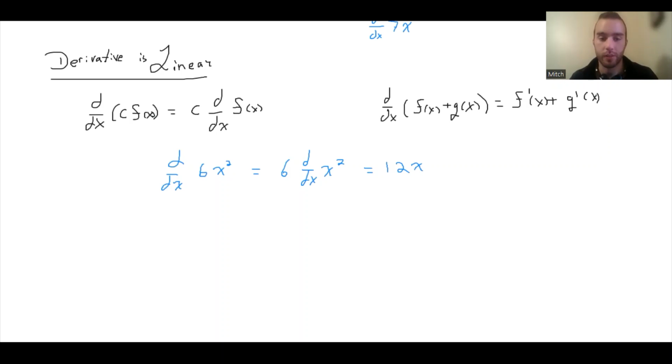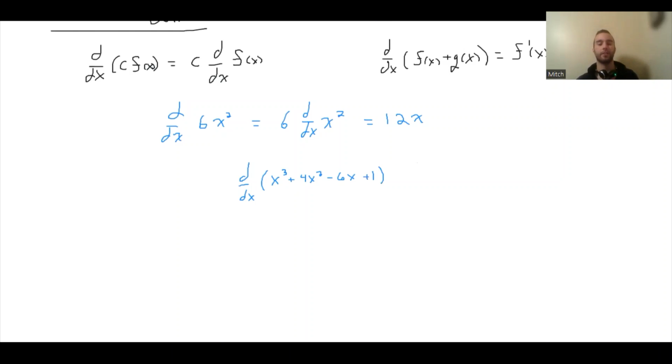Let's look at another example now: d by dx of x cubed plus 4x squared minus 6x plus 1.